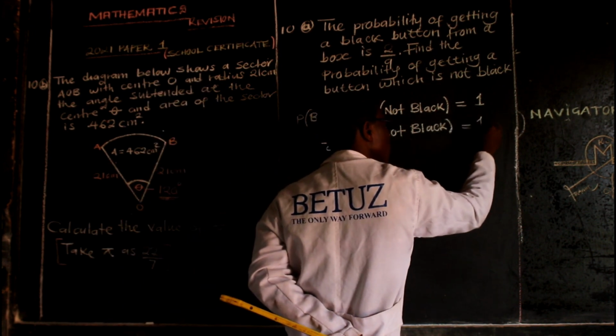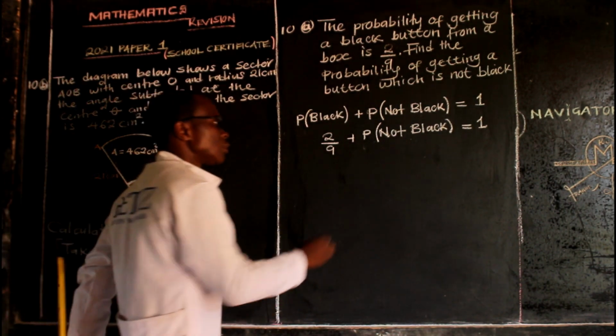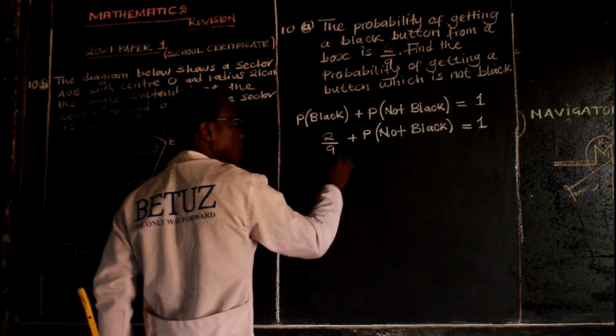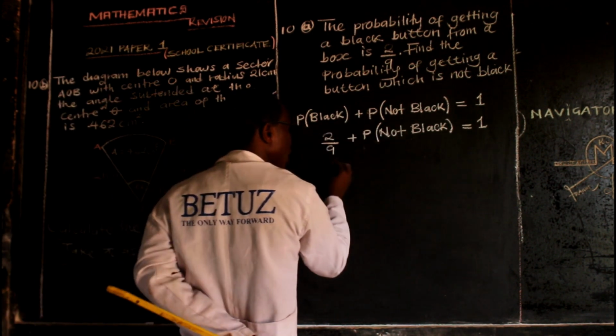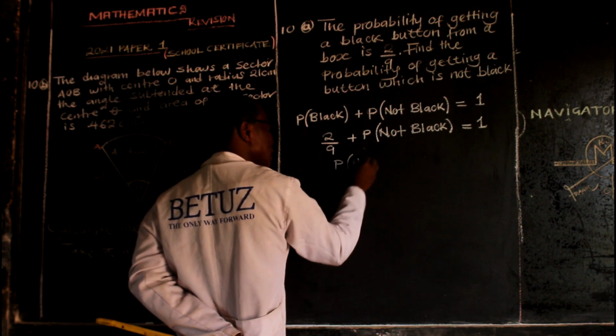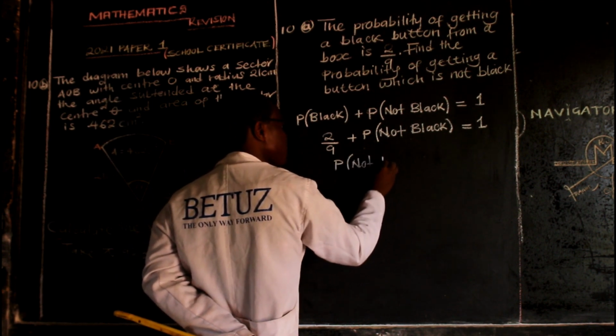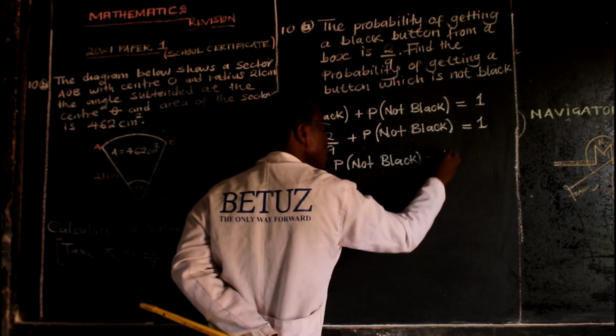So in this case, we're just going to transpose this positive 2/9 to the other side. So we're going to remain with probability of not black on this side, is equal to 1.